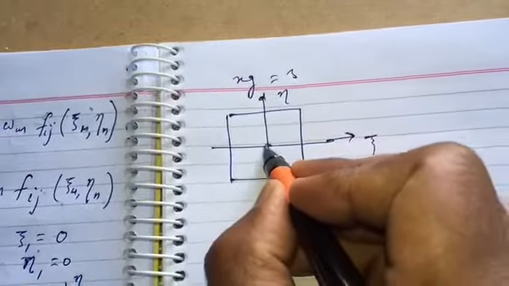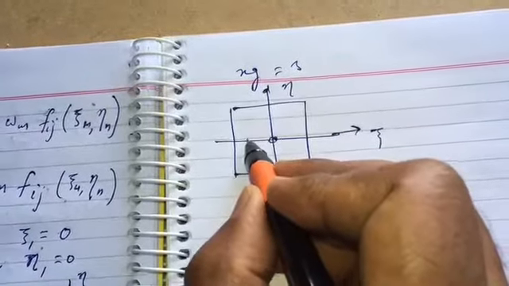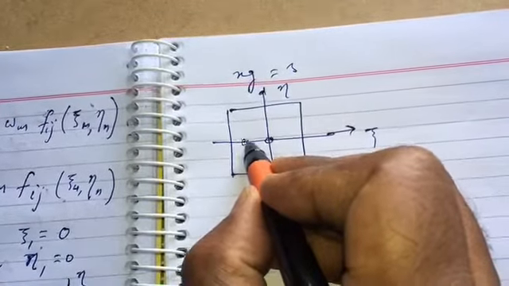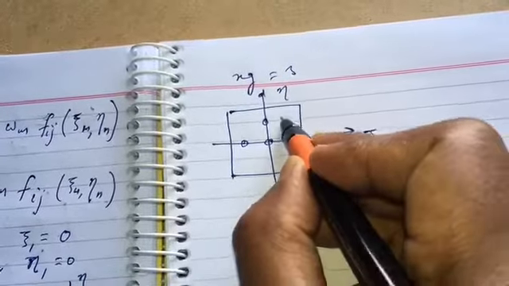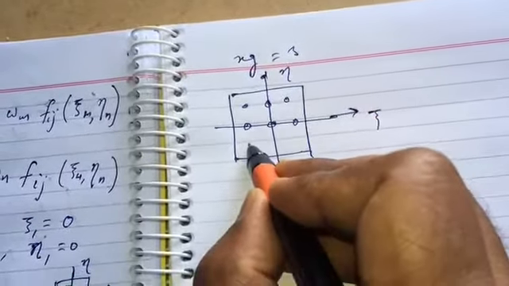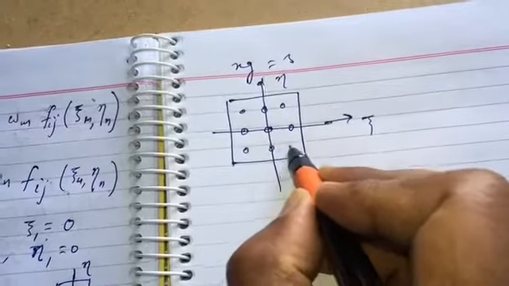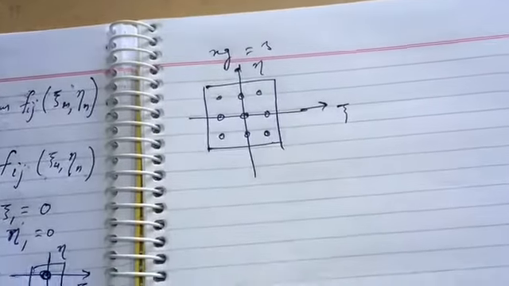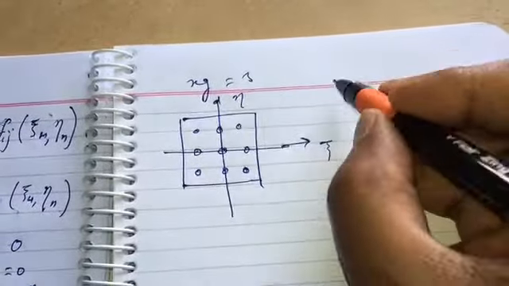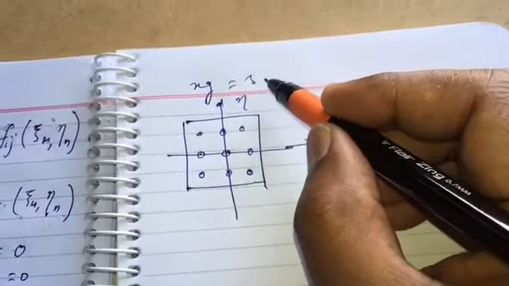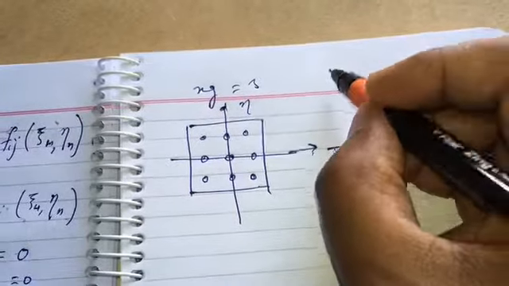They will be like this: one here, one here, one here, then similarly one here, one here, one here, and one here, one here, one here. So there are 9 integration points.